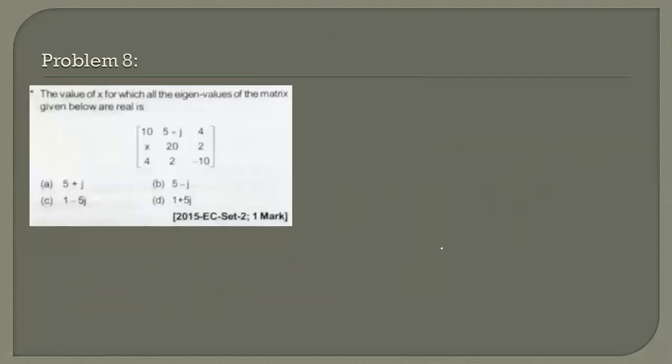The value of x for which the eigenvalues of the given matrix are real. See, this looks like a very easy problem, but it's a very interesting problem. Not very easy. This matrix is 10, 5 plus j, 4; x, 22, 4; 2, minus 10.